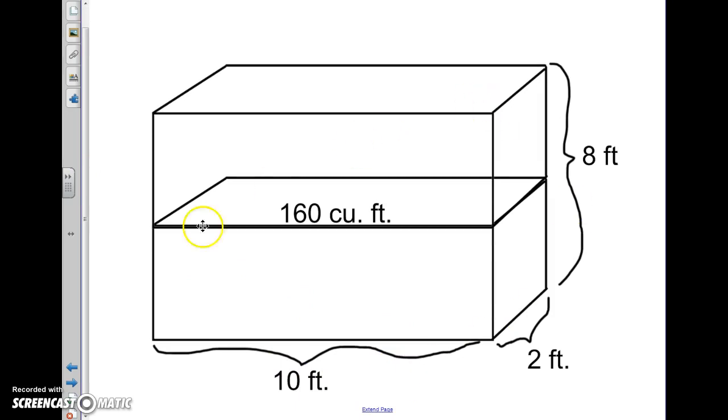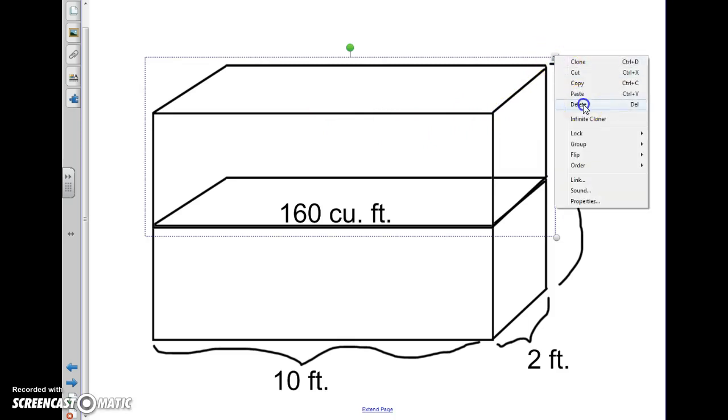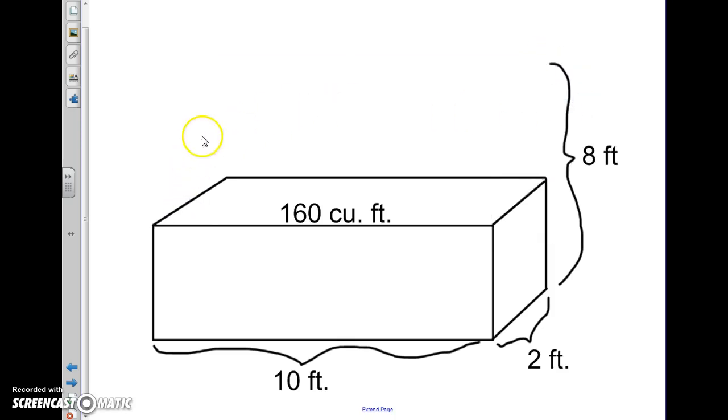So what is one possibility of the new dimensions? Well, if we're going to half the volume here, we're going to half one of those dimensions. Just because it's easiest for me, I'm going to half the height. So it's still going to be 10 feet long.